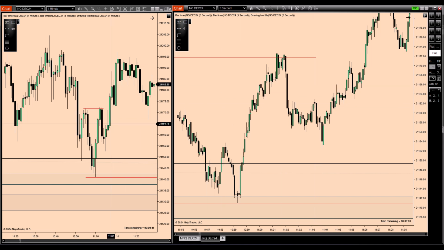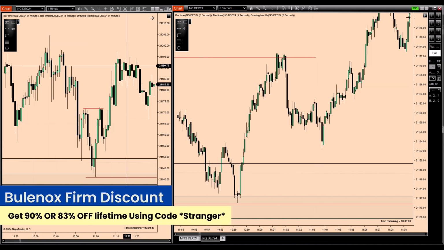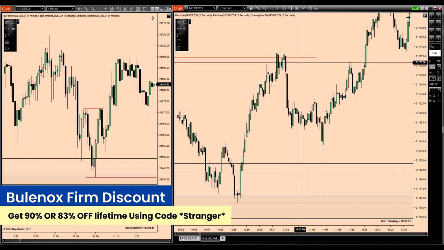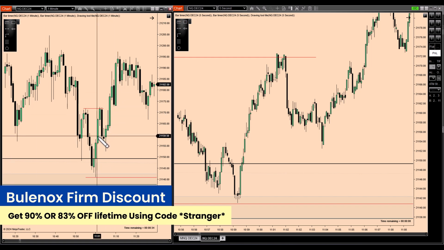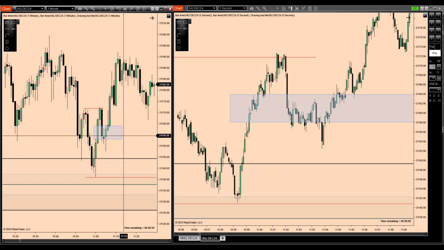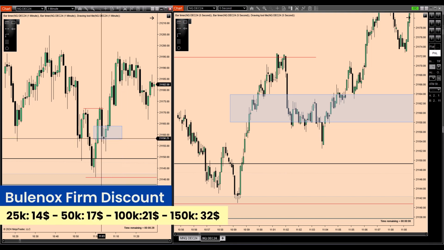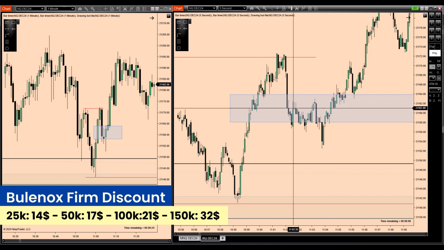But if we take a look again at the 1 minute time frame, and not get zoomed in on the execution time frame, we can see that the imbalance from here is really pushing price to the upside. Multiple rejections from it. So this is not what you want to see. As you can see, there is nothing in here on the 5 second.